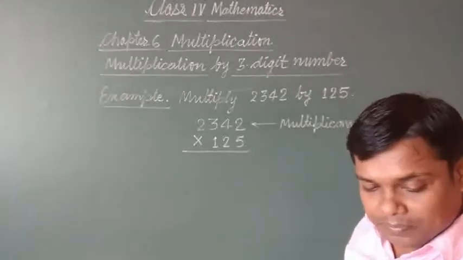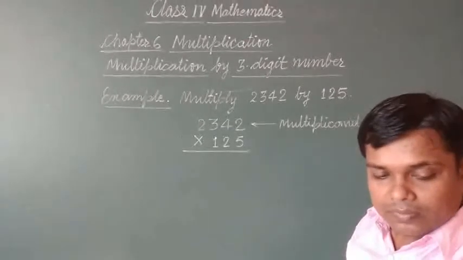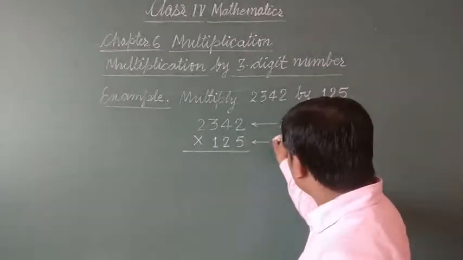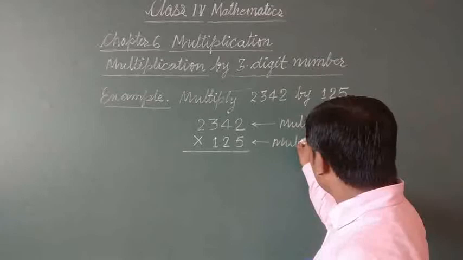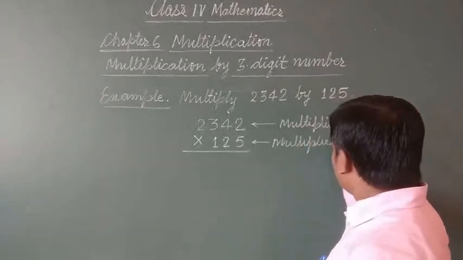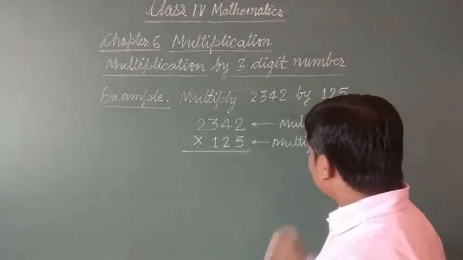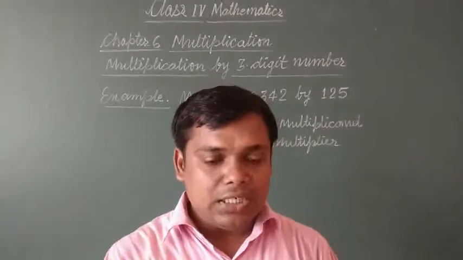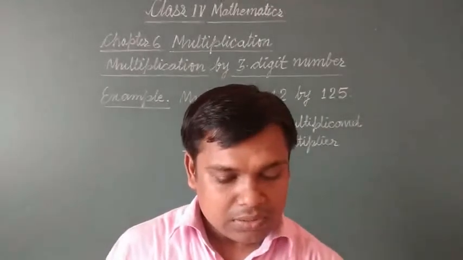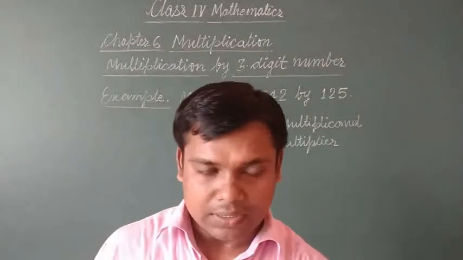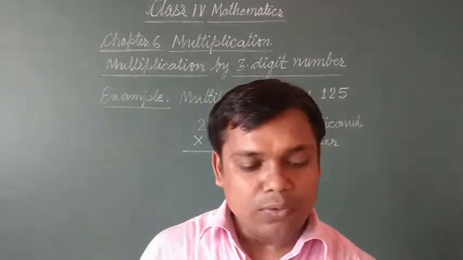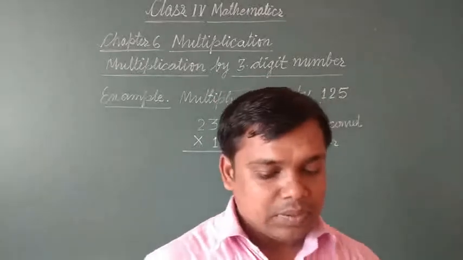Means this number will become multiplier. Okay, and the result of the multiplication we get is called product. So still I have not got the result, so I have not taken the product. You look at here the multiplication.